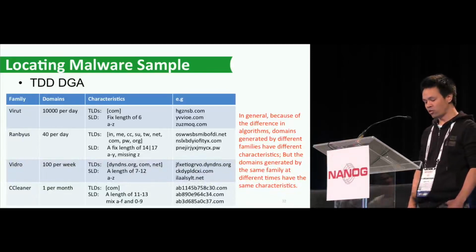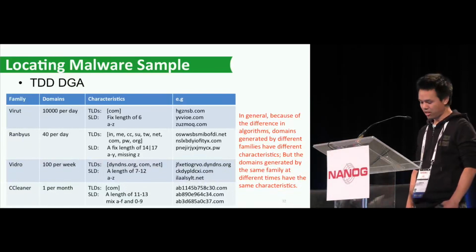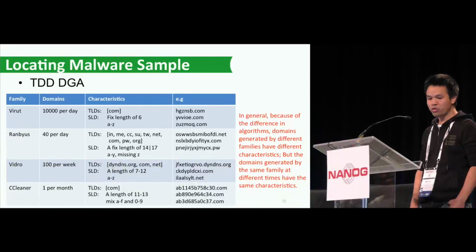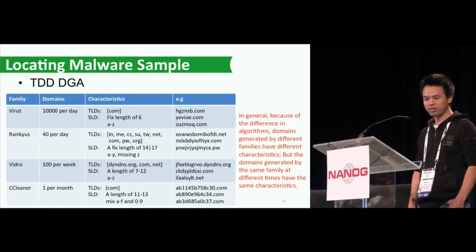TLD is always .com, and SLD length is within 11 to 13. It always uses letters A to F and the numbers 0 to 9.